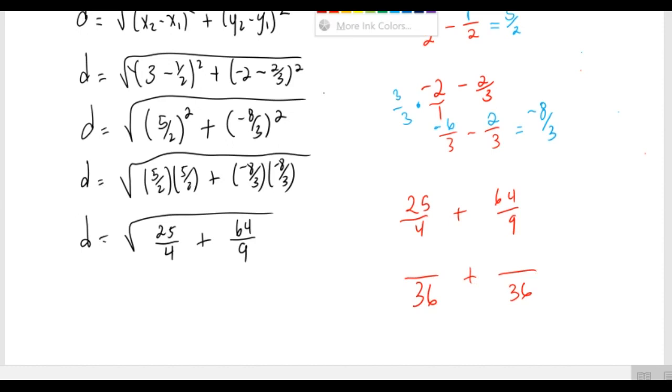In order to make the 4 a 36, I would have to multiply by 9, so 25 times 9 is 225. And the 9 we would have to multiply by 4, so 64 times 4 is 256. If we add 256 plus 225, we end up with 481 divided by 36.